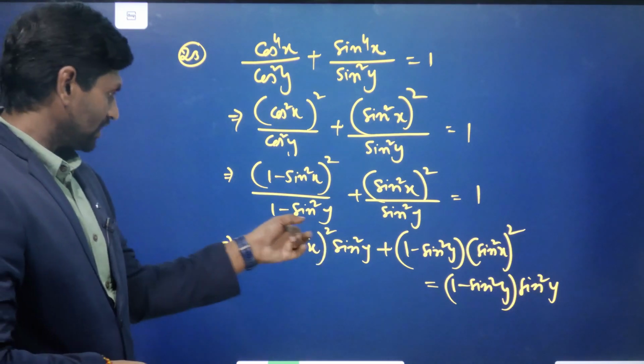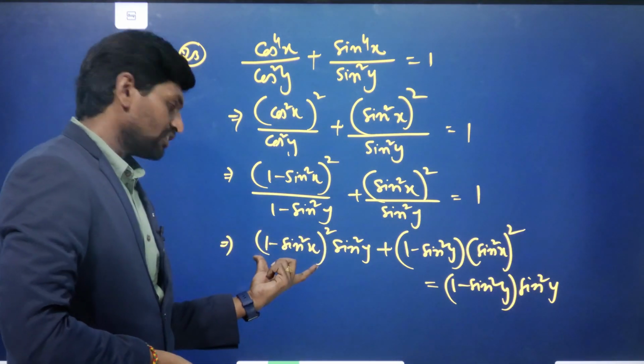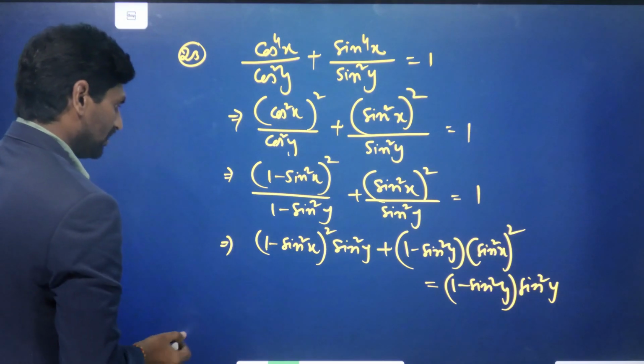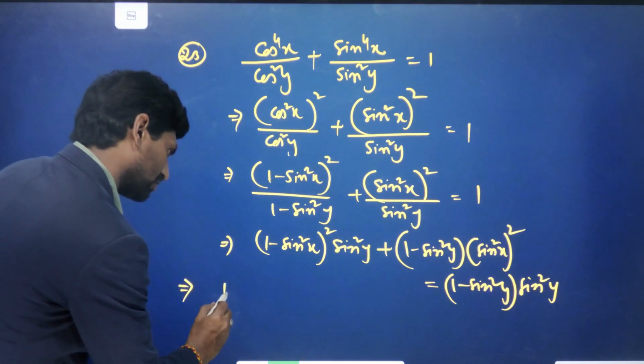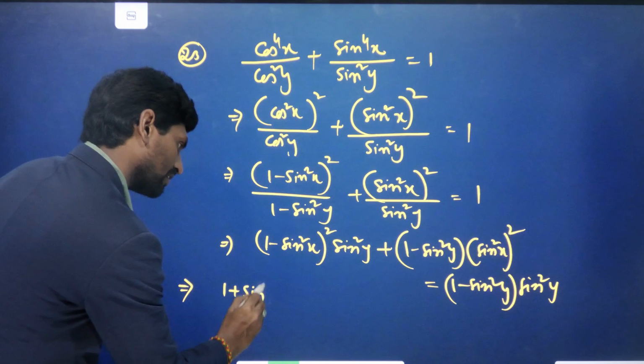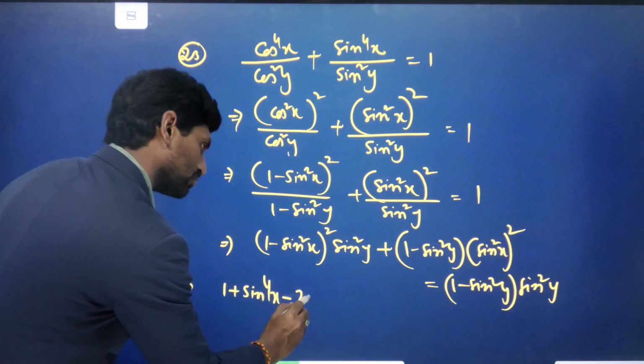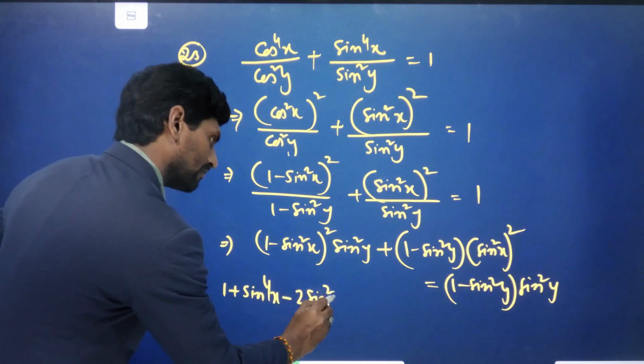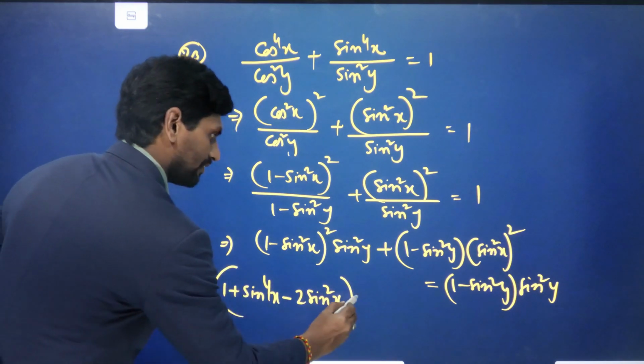Now this one is in the form of (a minus b) whole square formula. So let us try to expand a square plus b square minus 2ab, into sin square y.